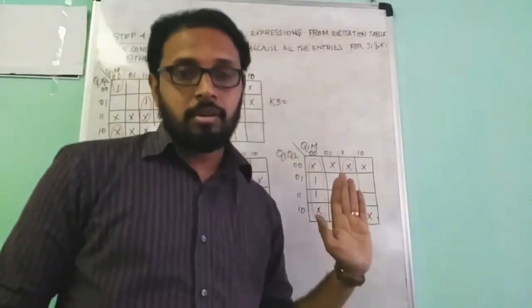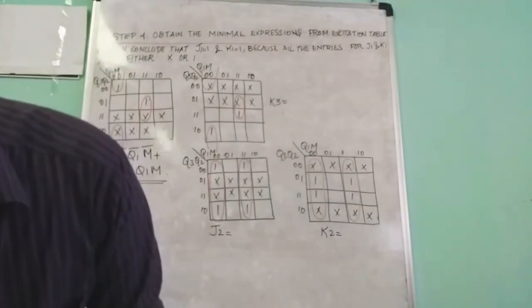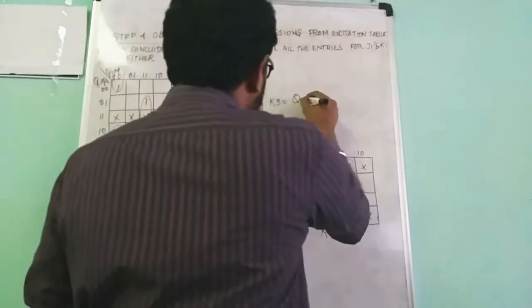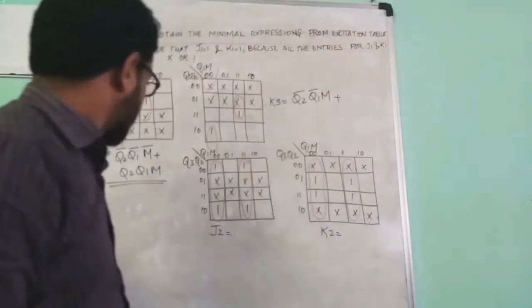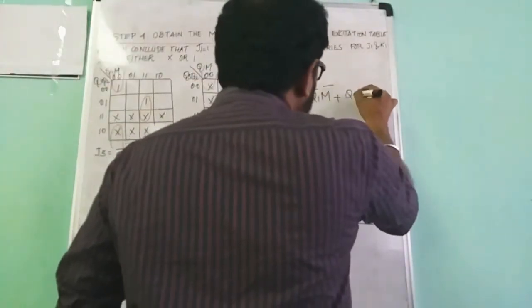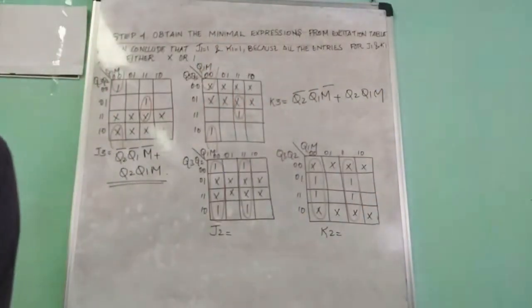What's the answer? Did you get it? Q2 bar Q1 bar M bar plus Q2 Q1 M, right? Yes, Q2 bar Q1 bar M bar plus Q2 Q1 M.